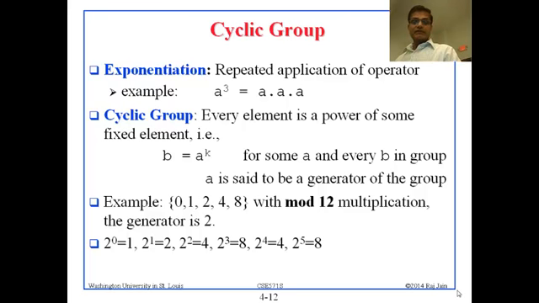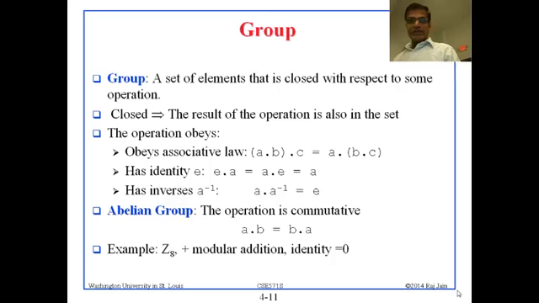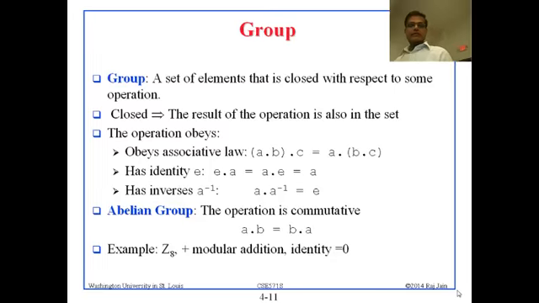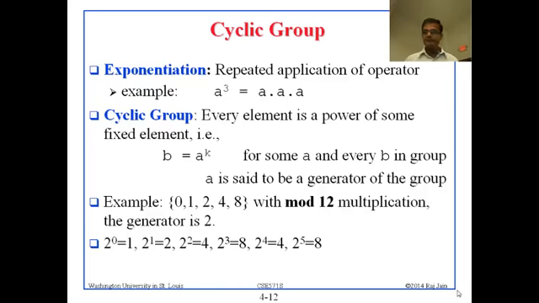Every element is the power of some fixed element. And closed. All right. So what I would do is change the set to contain only 4 numbers, 1, 2, 4, 8.